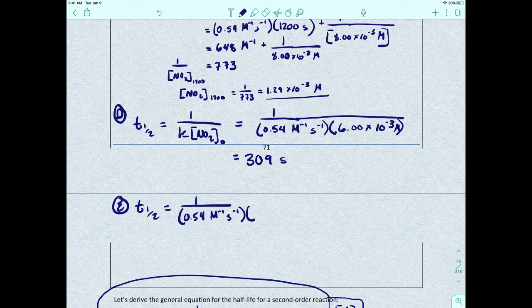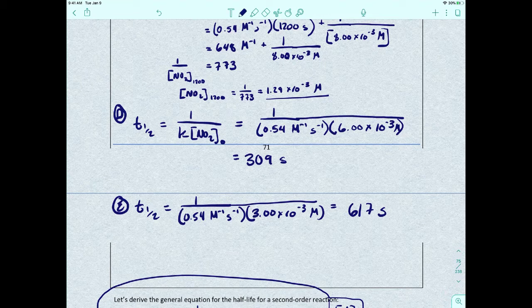This time the initial concentration is 3.00 times 10 to the minus third molar. When we take 1 divided by the product of 0.54 times 3.00 times 10 to the minus third, the time is 617 seconds. That is a really nice problem for the second order reaction.